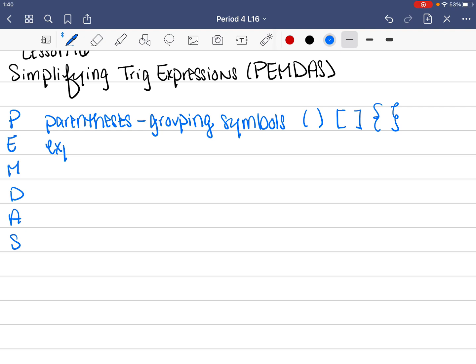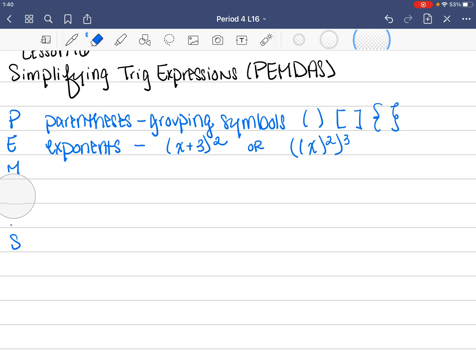The next letter stands for exponents. So it could be any expression that has a square to it. I'll model the exponents, anything like this. Okay, that would be exponents. Now the next, I actually like to write multiplication and division on the same line. We do multiplication and division at the same time. They're both on equal footing.